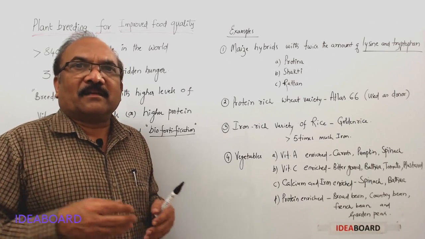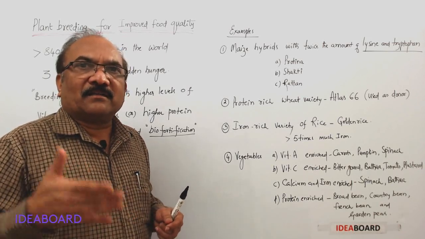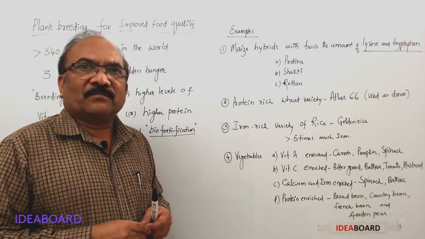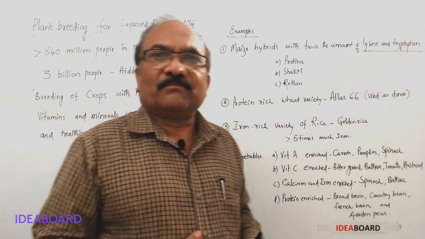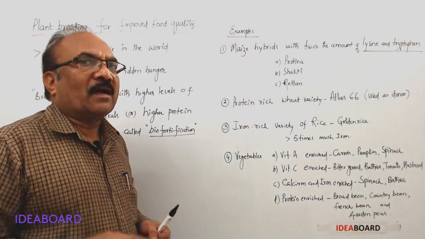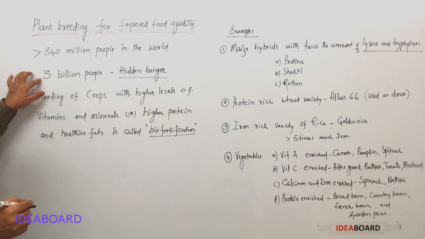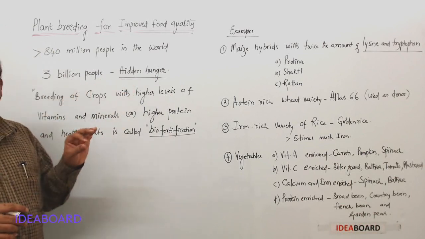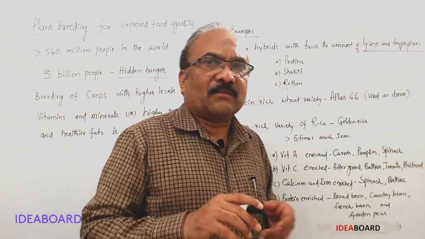It doesn't contain the required vitamins, micro minerals, proteins, and useful fats. And because of which, though they are filling their belly, they are not getting a sufficient amount of energy. And this is called hidden hunger. About 3 billion people are suffering with this hidden hunger. Means what? They are not getting a balanced diet.